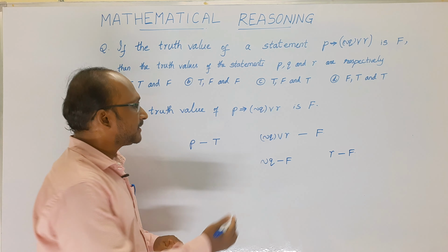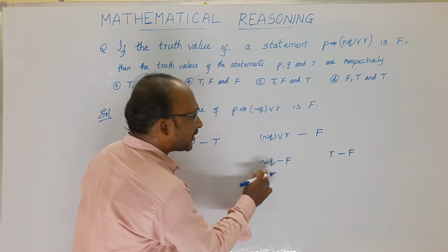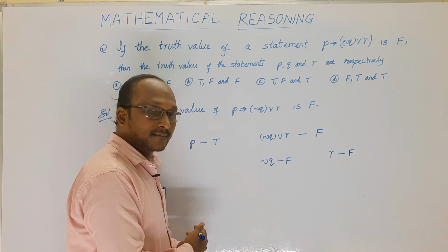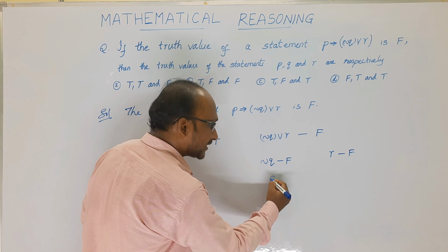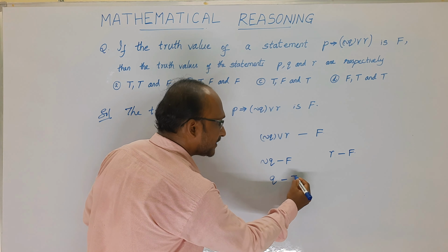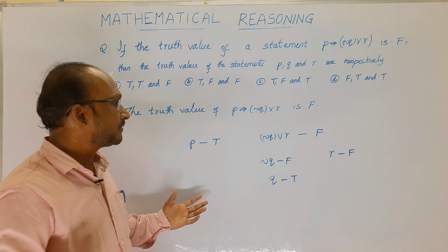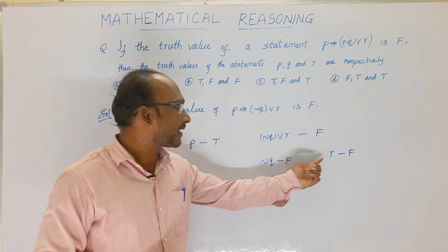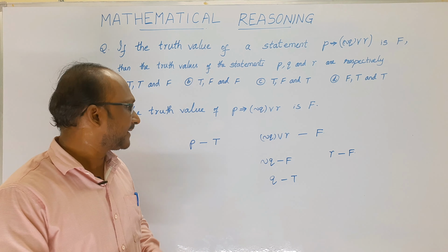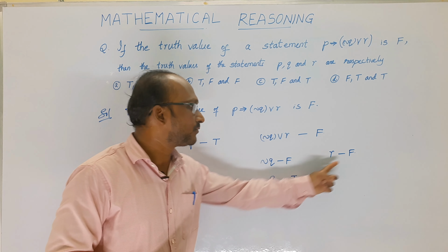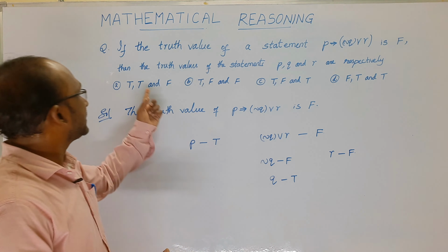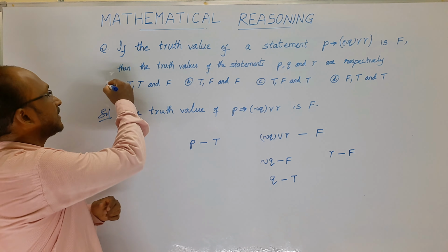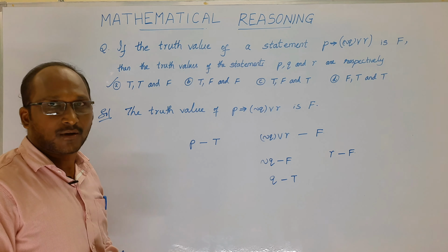That's why here the truth value of negation Q is false. So we can say that the truth value of the statement Q is true. So finally we have got that the truth values of P, Q and R are true, true and false. This is true, true and false means first option is correct option.